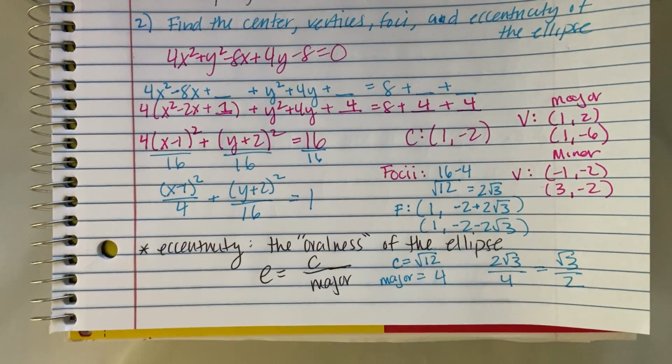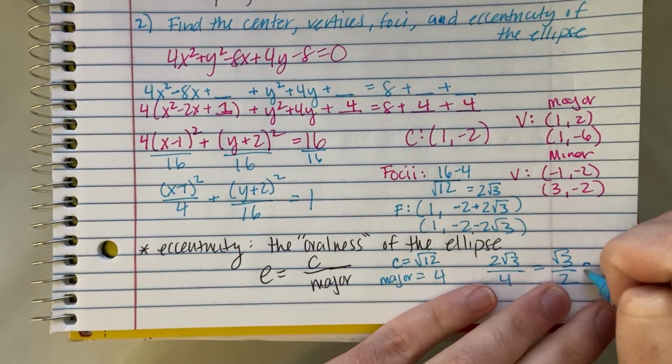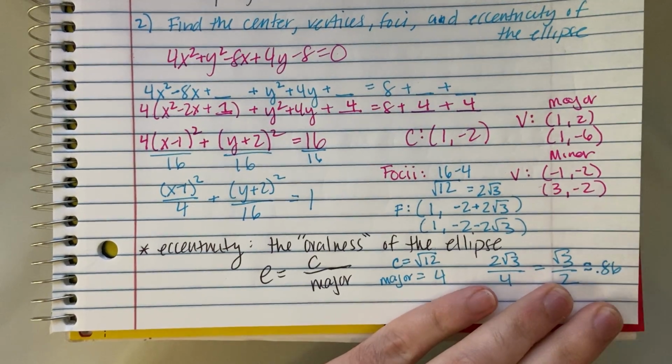It should always be between 0 and 1 because these are lengths, so they'll always be positive. B squared minus a squared can't be bigger than b squared because you're subtracting a positive number. So this is about 0.86.